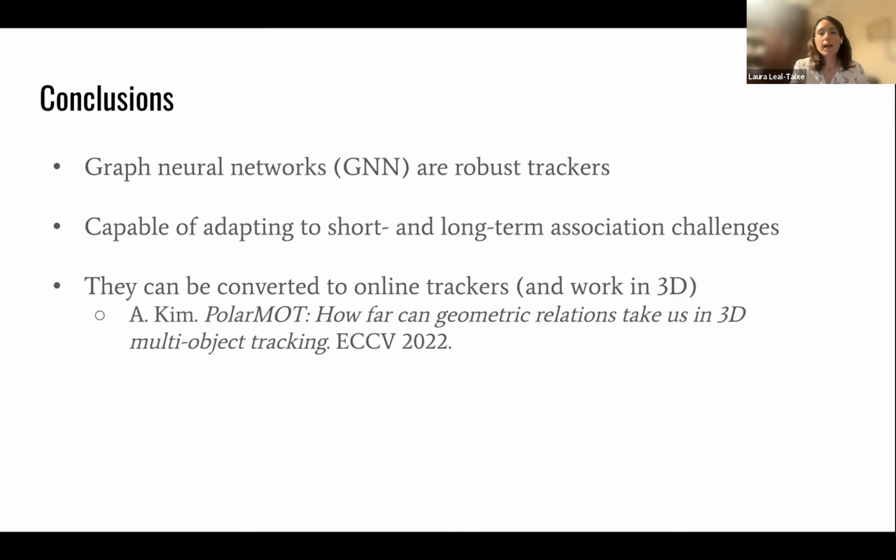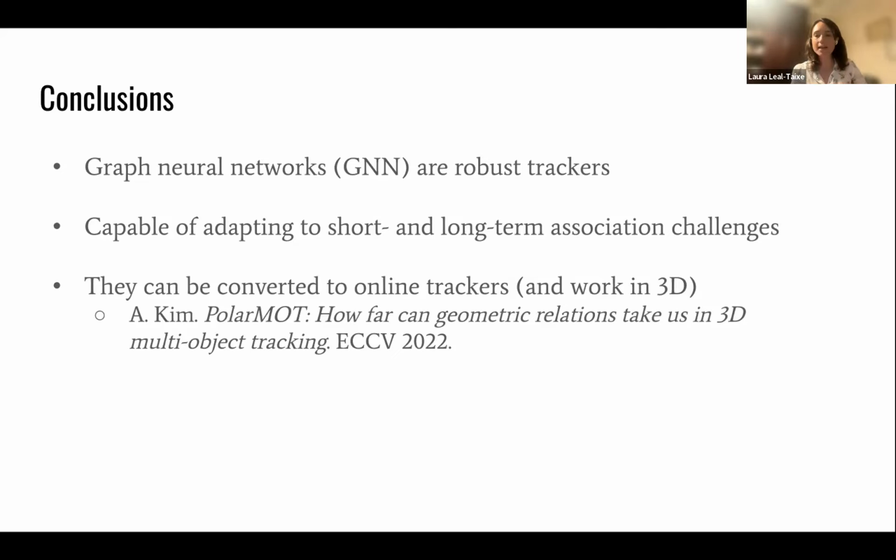And in case you were wondering if you can do 3D tracking, if you can do online tracking, the answer is yes. We had a paper that was presented last year, called Polar Mod, that explains exactly how to use this kind of graph neural network formulation for LiDAR tracking. The cool thing about that is that we use only geometric relations.